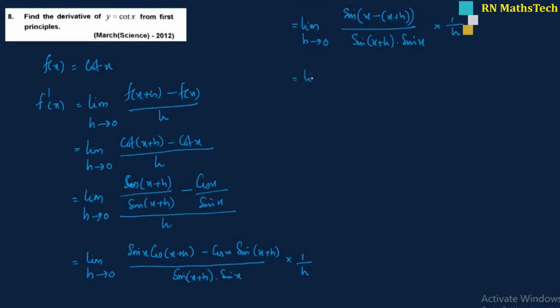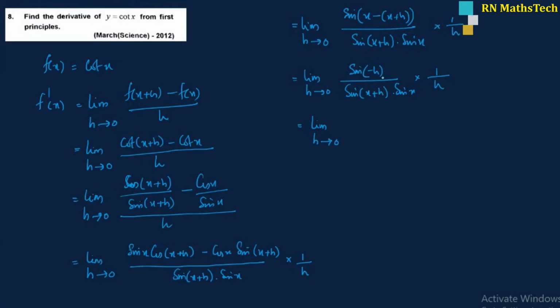That is equal to limit h tends to 0, sin of minus h divided by sin of x plus h into sin x into 1 by h.